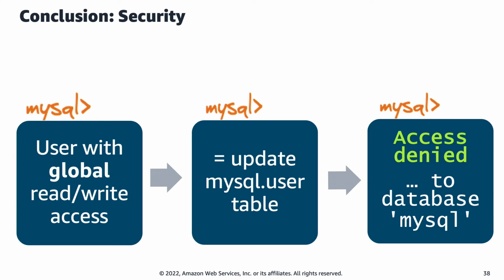Now with the introduction of partial revokes in community MySQL 8.0 and a similar thing in Aurora version 3, MySQL compatible with 8.0, there is a path to fix this.